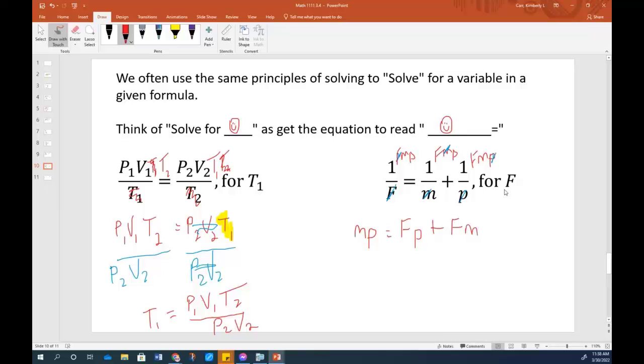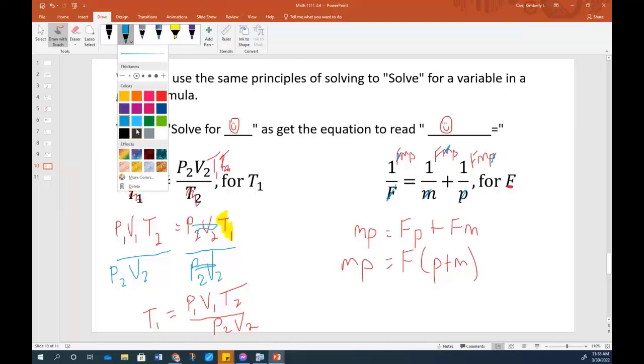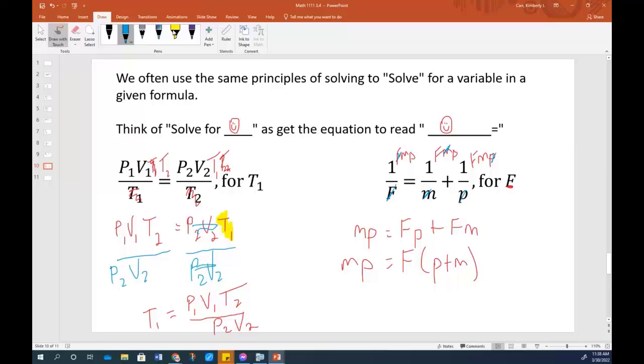Now looking at what I'm supposed to solve for, I want to get F by itself, but I have two terms with an F in them. So what I'm really going to need to do is collect that F by factoring it out. So, undistribute. And now we can look at it and say, okay, I had two terms.